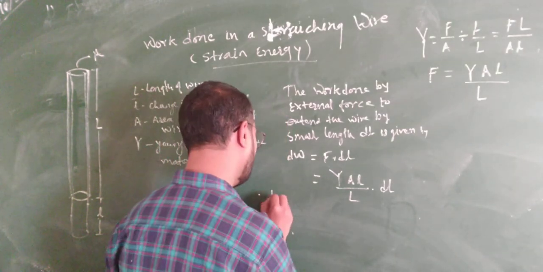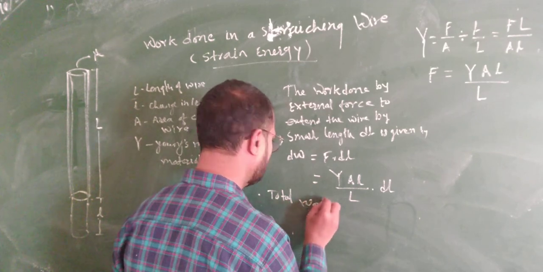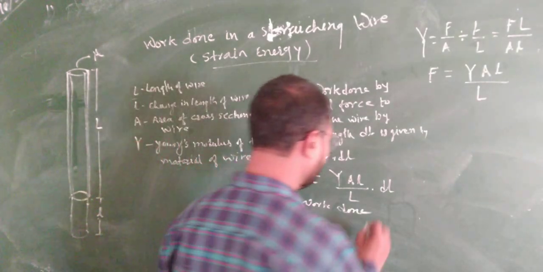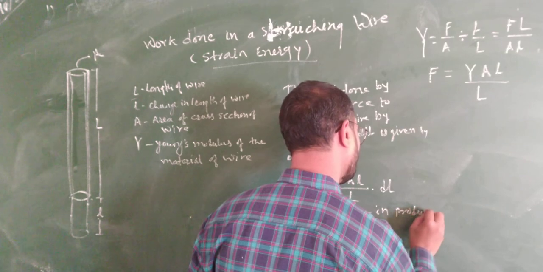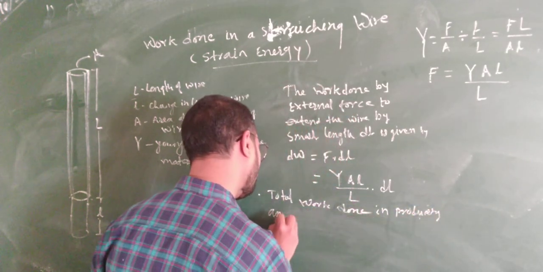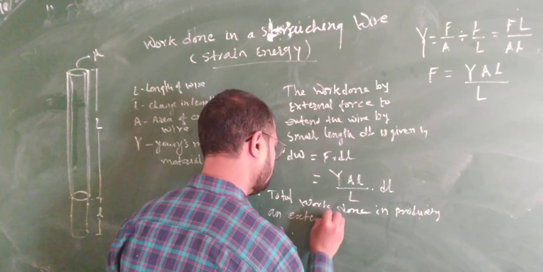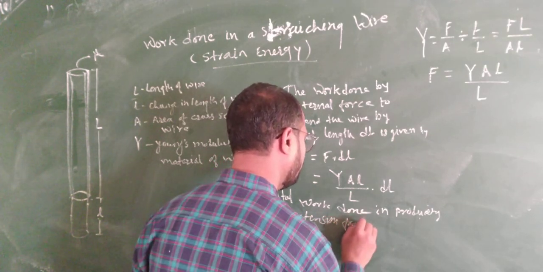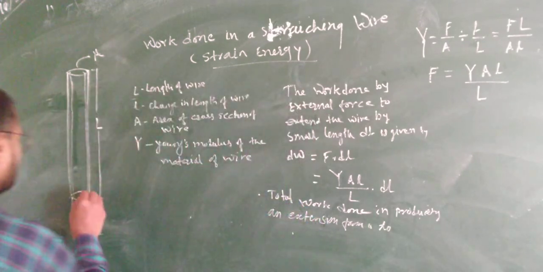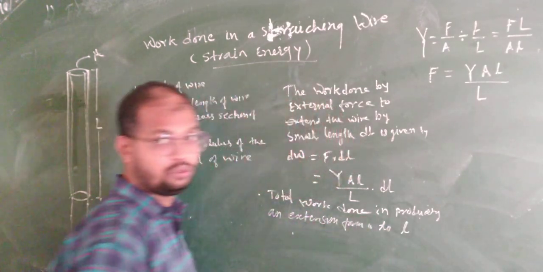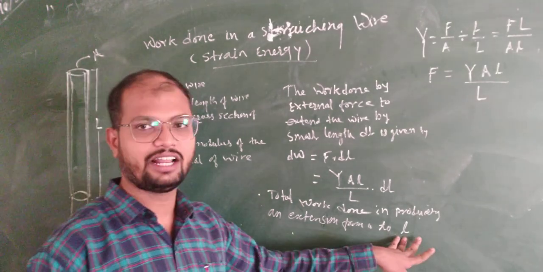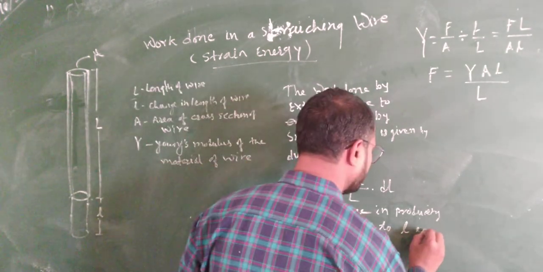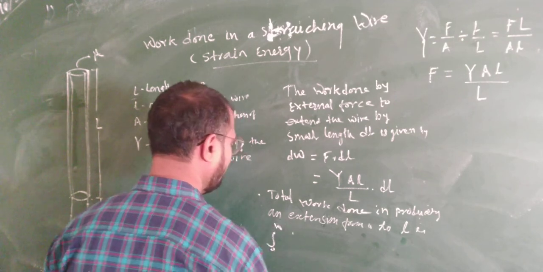So total work done in producing an extension from 0 to L, the final length extended is L. So from 0 to L we have to take the integration.